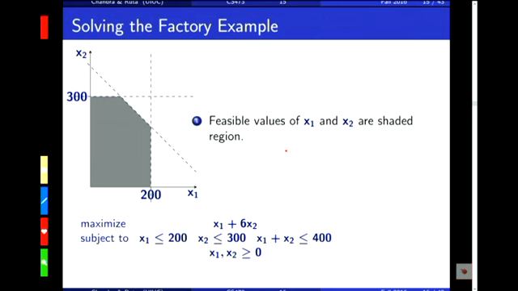So this will be a 200 point, and all the points below it are feasible points. So this polygon that we got is the set of feasible points. I'm just putting what we mean by these constraints in this geometric view.